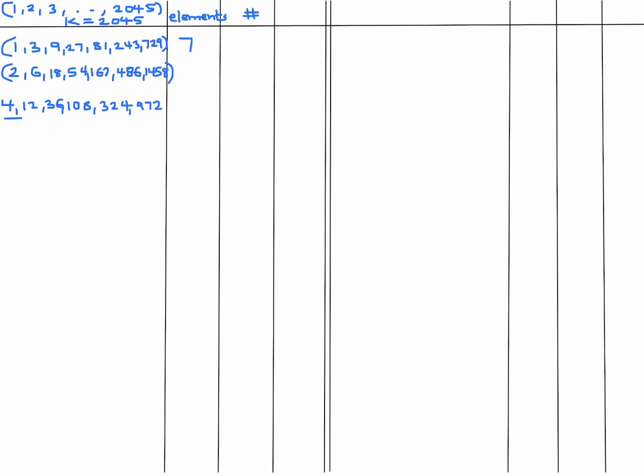Okay, well, this is 1, 2, 3, 4, 5, 6. Oh, okay. So that means we are now down to 6. So that means the ones that have 7 elements, there's only 2 of them.